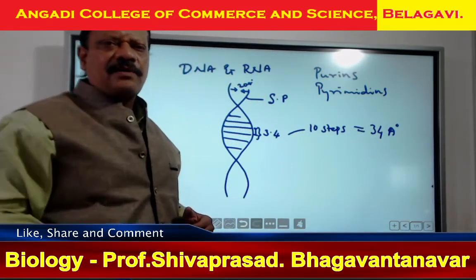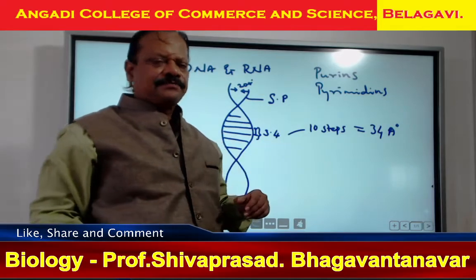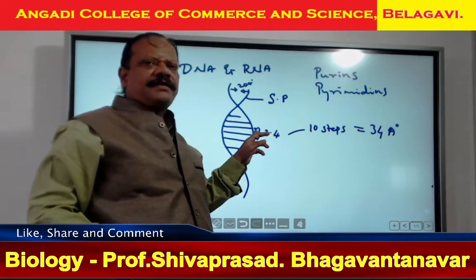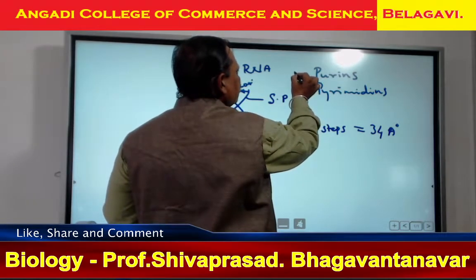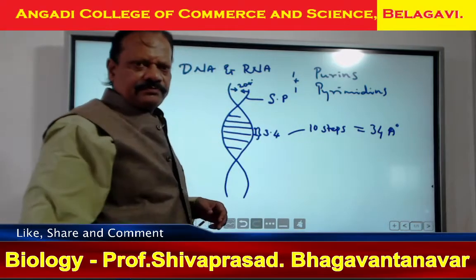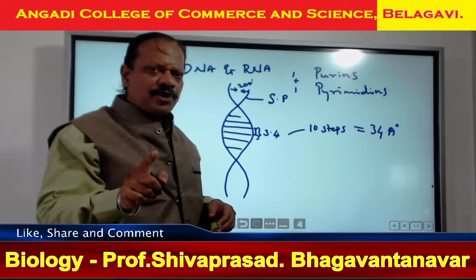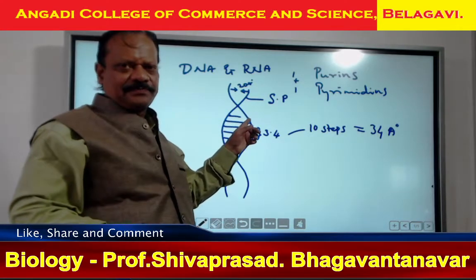So two types you are observing, purines as well as pyrimidines. For one base pair to form, one purine must combine with a pyrimidine. So one purine and one pyrimidine combine to form one step.